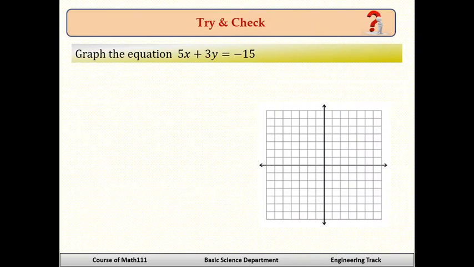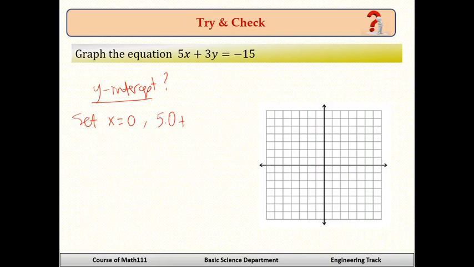Let's graph the equation 5x plus 3y equal to minus 15. We can start with the y-intercept. So set x equal to 0 in the equation, and we get 5 times 0 plus 3y equal to negative 15.